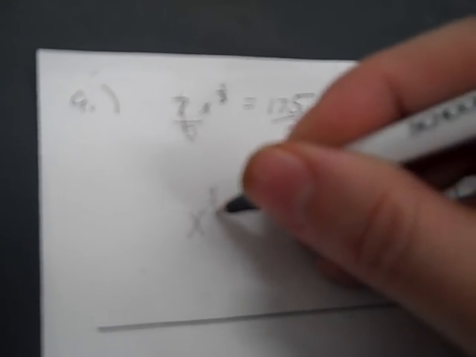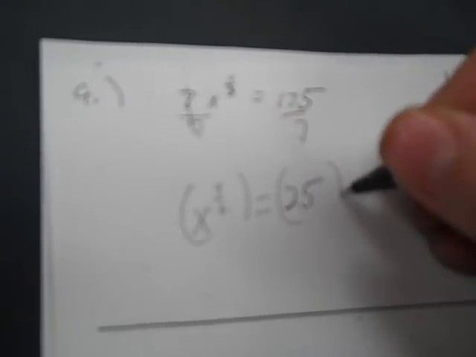Okay, next one, 7x to the 4/3 power, that's a 3 there, equals 175. So we don't have a root. We also don't have a parentheses. I just need to isolate the x to the 4/3 power. So first I need to divide by 7. And I have x to the 4/3 power. 175 divided by 7 is 25. And then it's a 4/3 power, so what I do is reciprocate it.